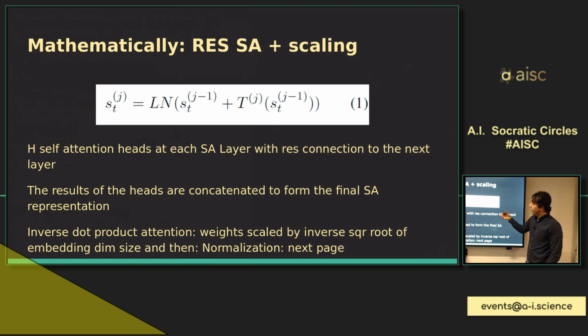S sub t, j minus 1 is the representation of the previous layer. You apply your self-attention to it, you have some output, and you add it to the original representation of the previous layer. So it's a residual connection. You directly connect it, you add them together, and there you go, you have your S sub t. Basically, it's just a residual layer, a skip connection that carries over the representation of the previous layer, which helps us these days train deeper networks.